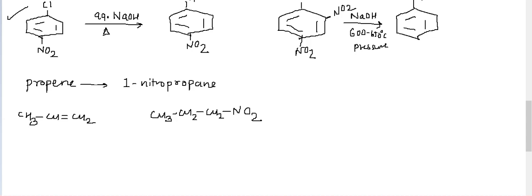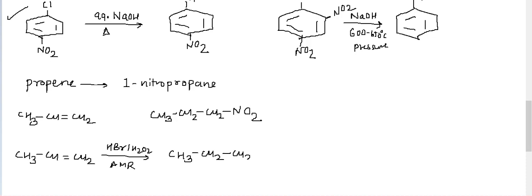Okay, so we know the functional group is again on the first position. So now you will also be able to tell me what the reagent is. This is HBr in H2O2, anti-Markovnikov's rule. Then bromine will get added to the first carbon, and now we have 1 bromopropane.